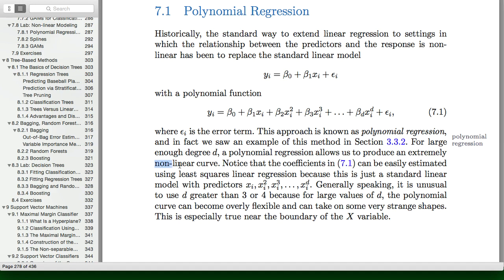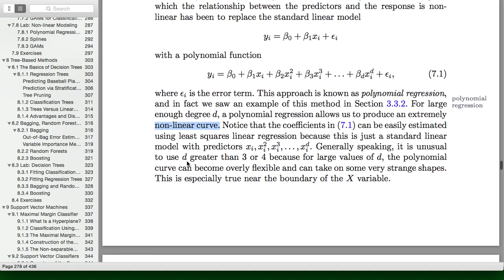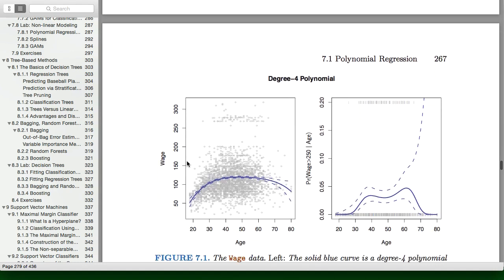And basically what we're trying to do is get a nonlinear curve. We either suspect nonlinearity, or we've perhaps done some plotting that shows some evidence in the training data of nonlinearity. So that's our motivation for doing this, is either some suspicion or some evidence.